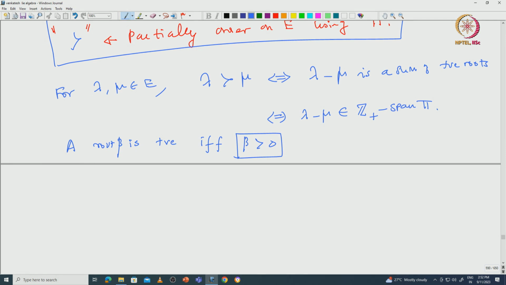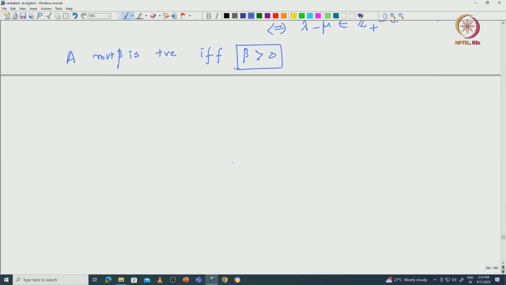Now we will make one simple observation about the elements of this base, and then move ahead and prove the existence of a base. Right now, from this definition it is not clear whether a base exists or not. Since we know that the span of Φ is E, some basis of E sits inside Φ, that much we know.